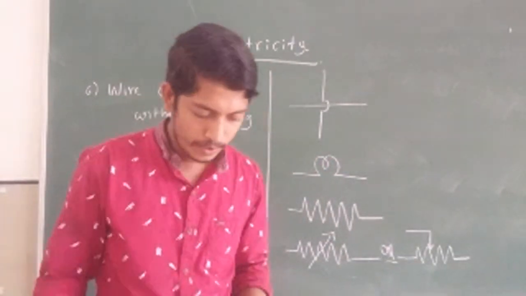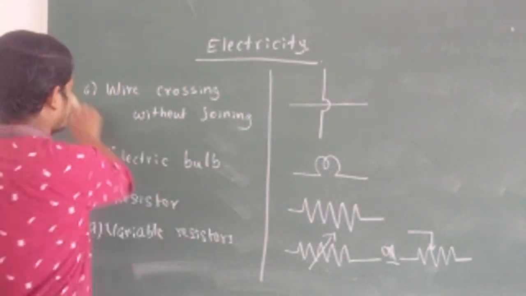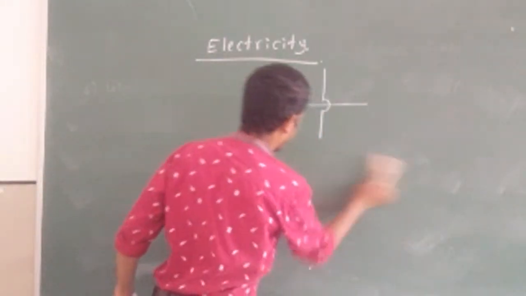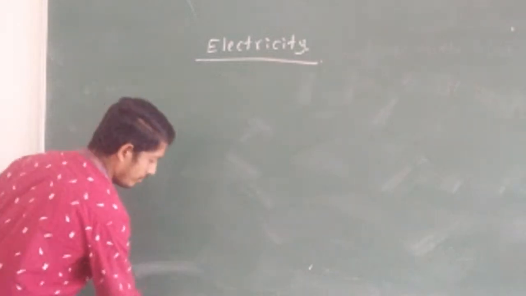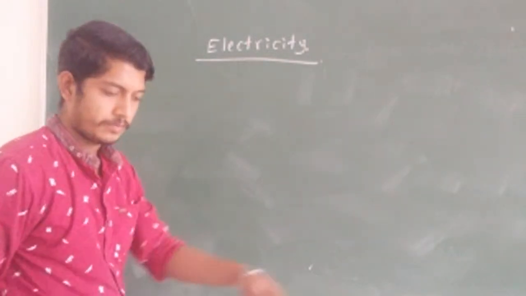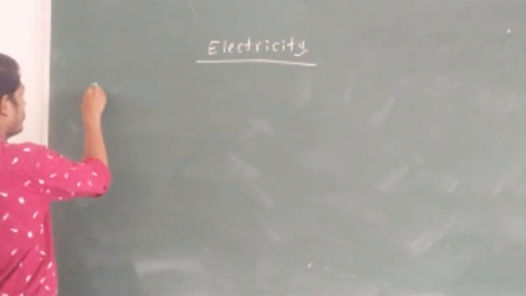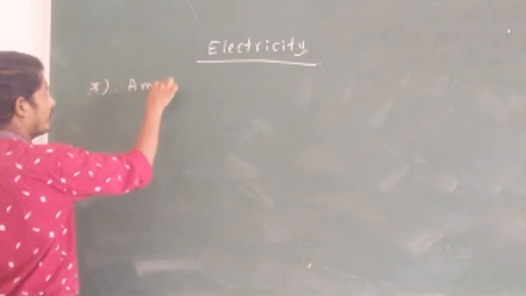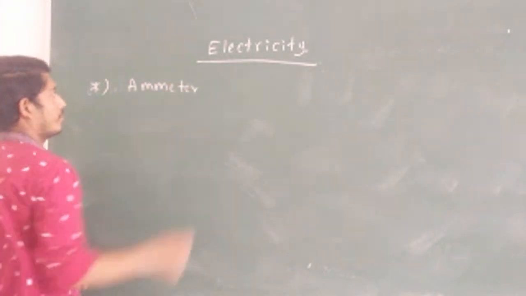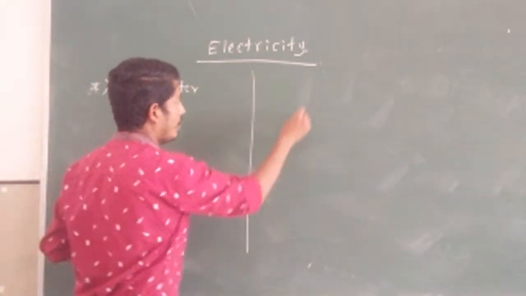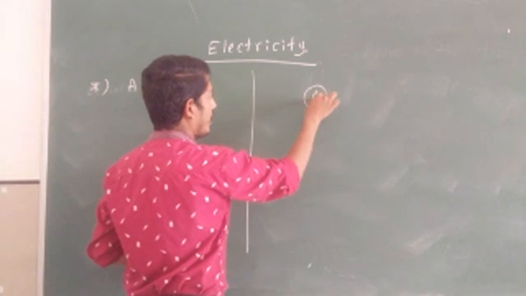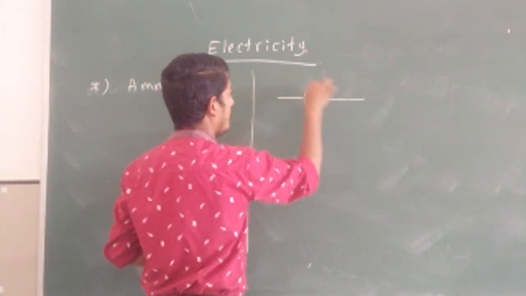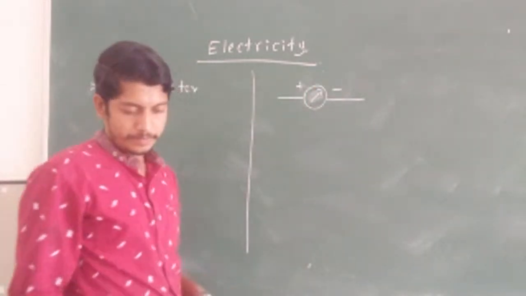The next one is ammeter. Or directly we use an arrow mark here, plus minus, for the ammeter.